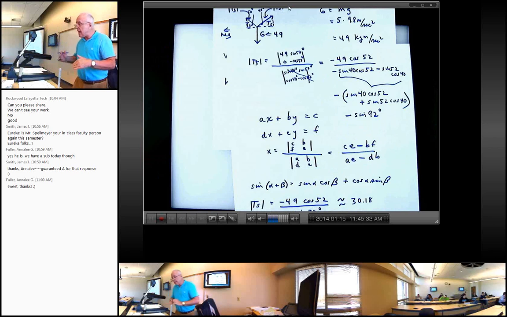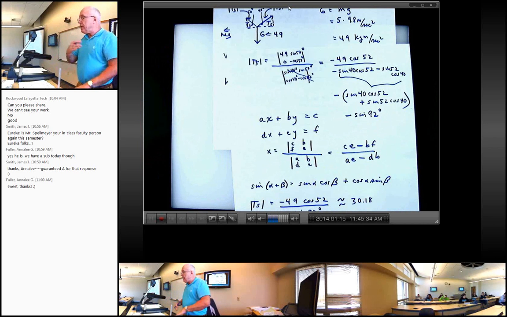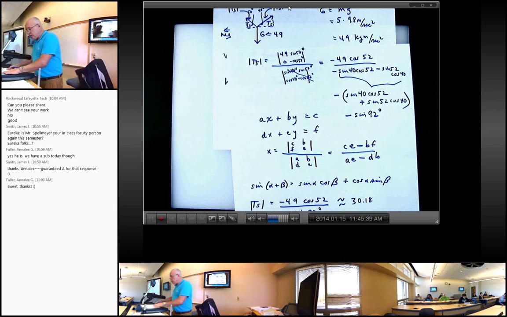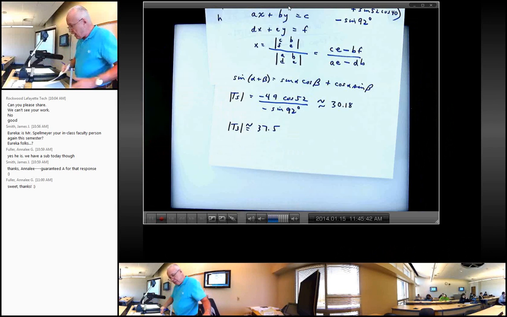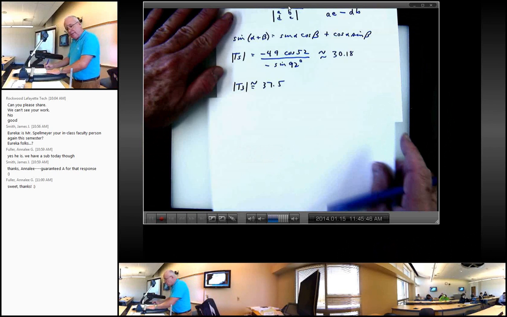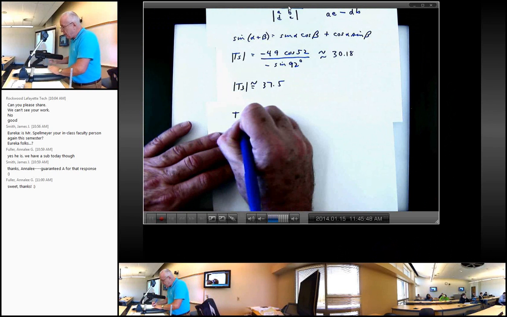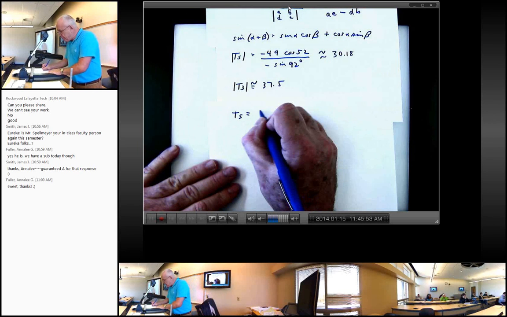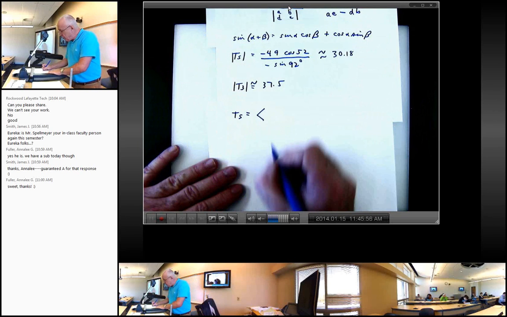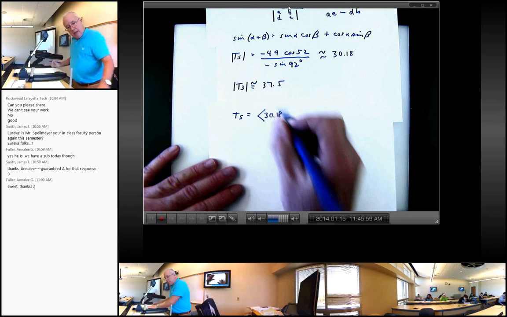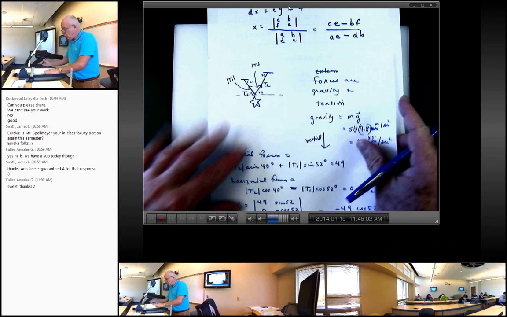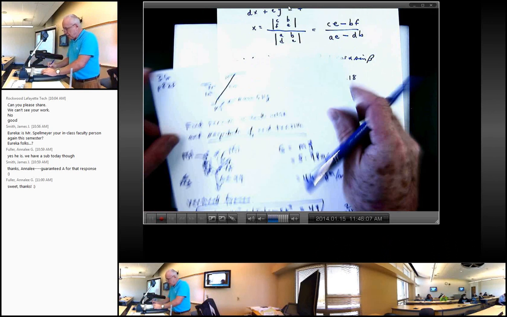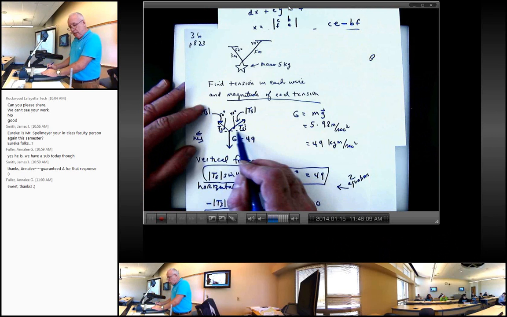Now, I want to put it as horizontal and vertical vectors. So basically, I can say this. Okay, that T5, we know its magnitude is 30.18. So I can represent it as a horizontal 30.18 times the cosine of 40 degrees.